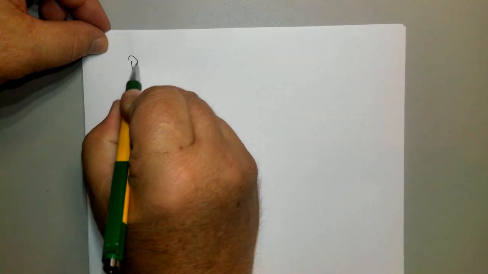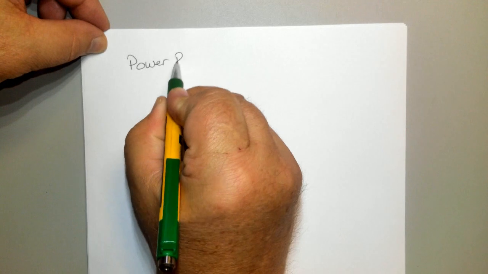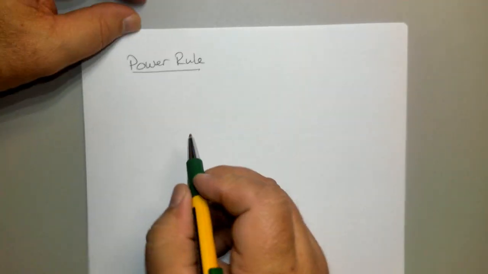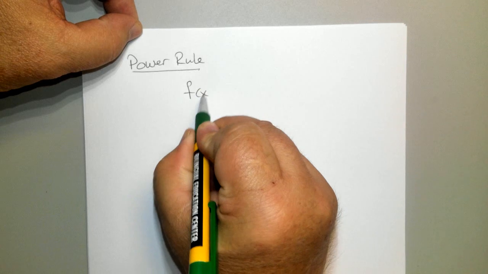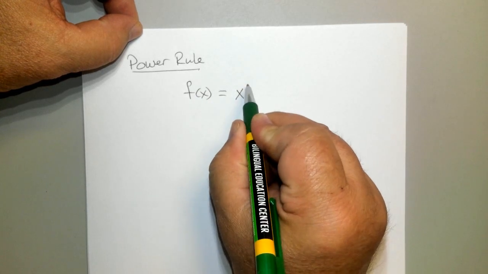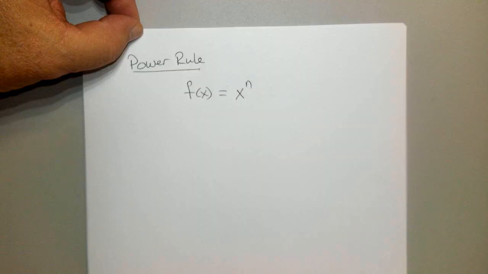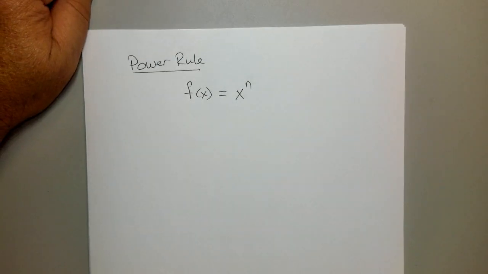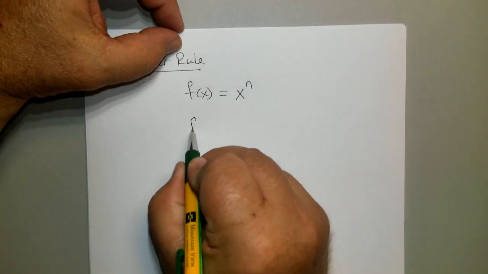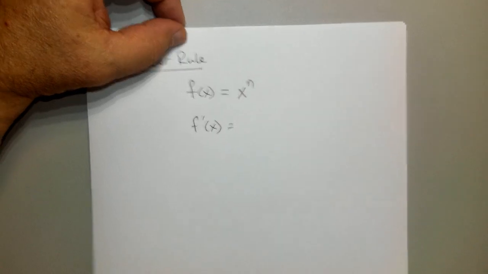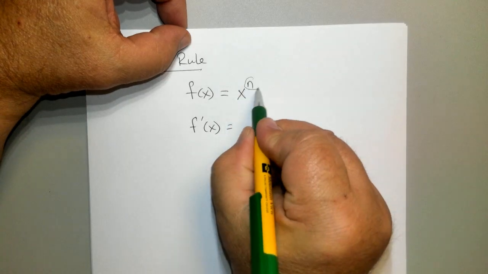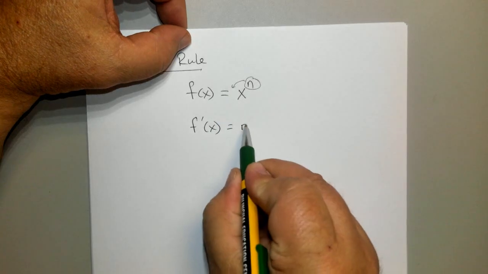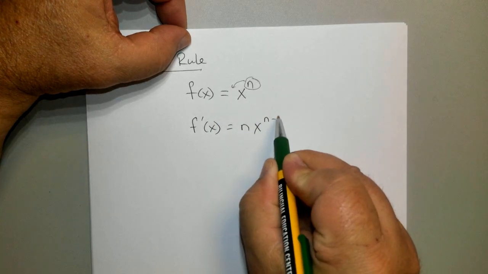Let's look at the power rule. The power rule says this. Given any function of x raised to some power, the derivative: whatever the exponent is, bring it down and subtract 1 from the exponent.